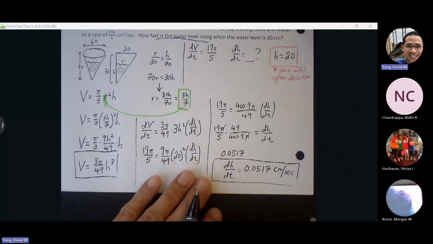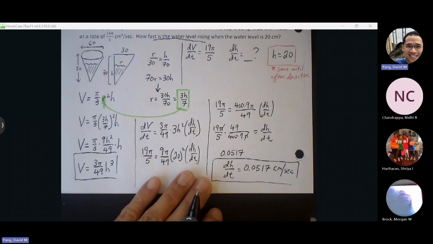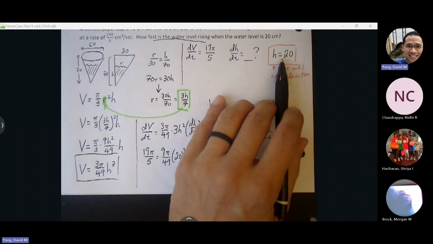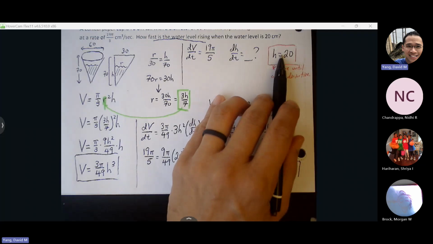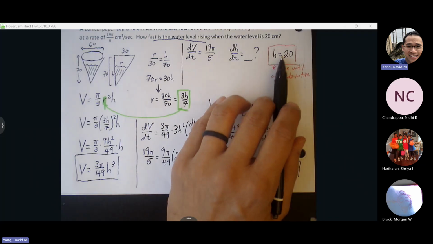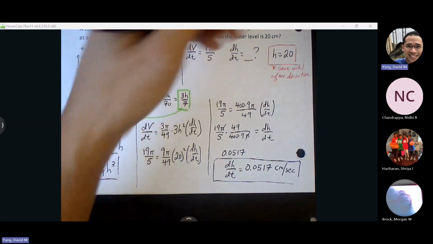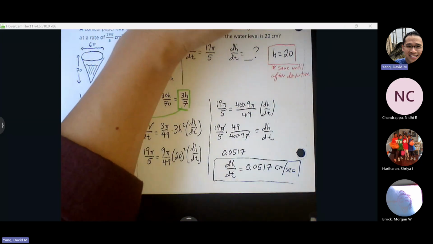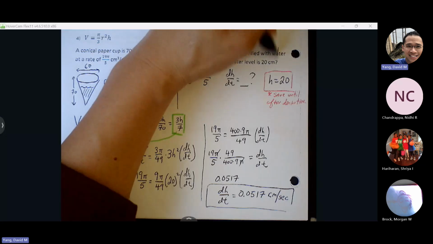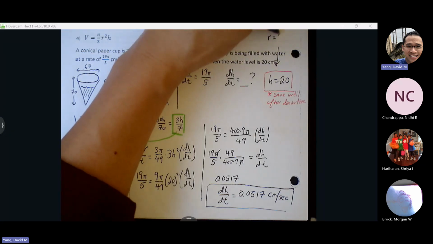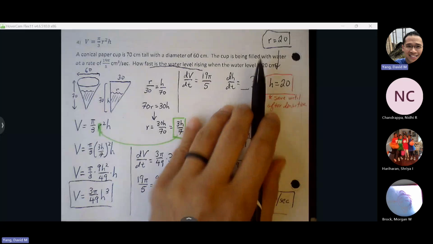What would we do if we were given the radius at the height, but we still had to find the height? Yeah, good question. So let's say the height wasn't given to you. Let's say instead it was the radius of the water level. So just for explanation purposes, let's say instead of h, you're given r.